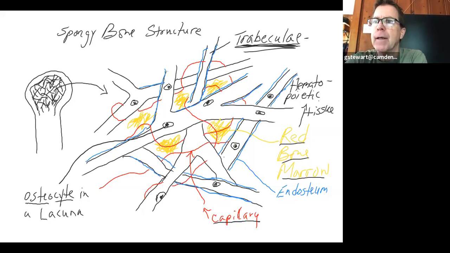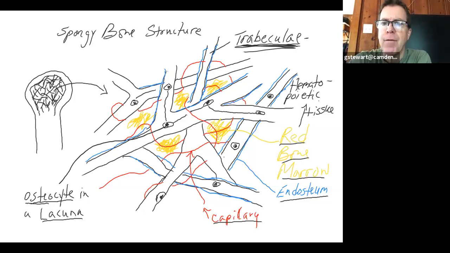And finally, there is endosteum covering the trabeculi. So we still have osteocytes living in these pockets or caves or lacuna. And believe it or not, they do have these little tiny canals running from lacuna to lacuna, so these osteocytes can communicate with each other.